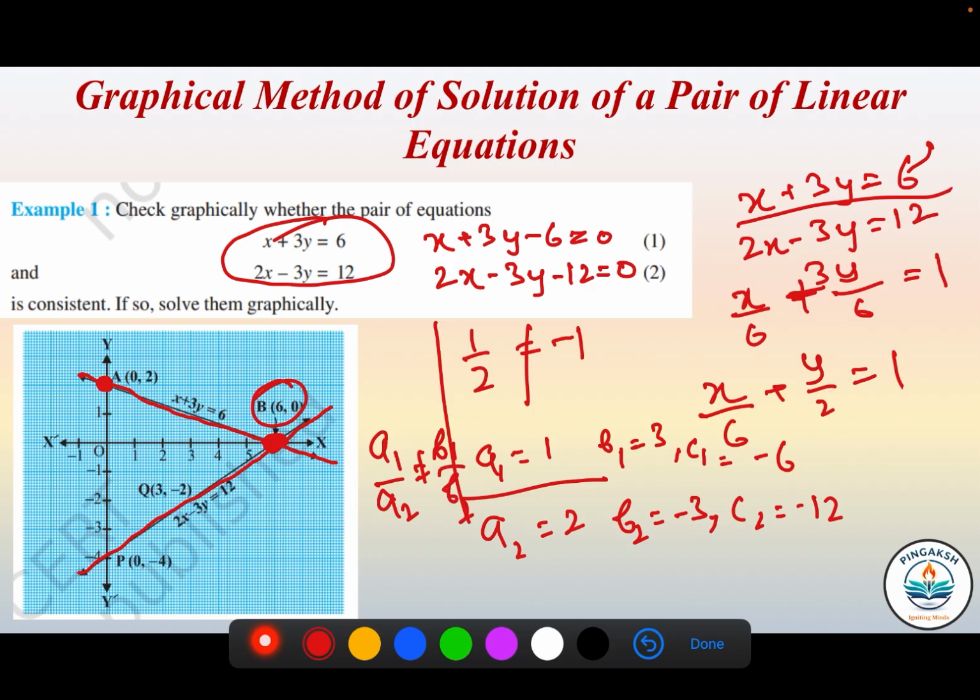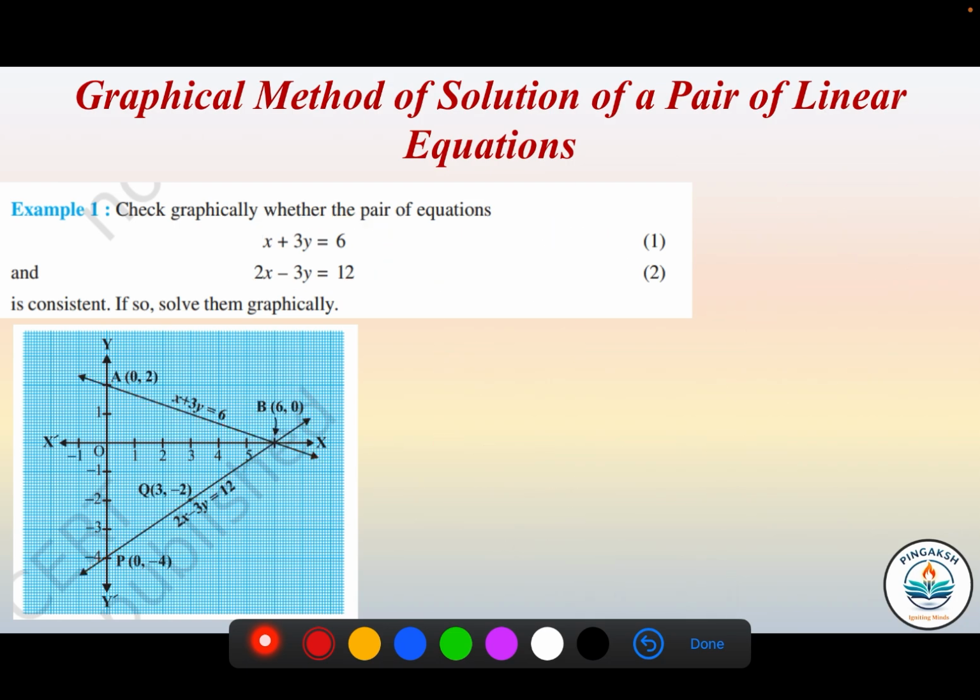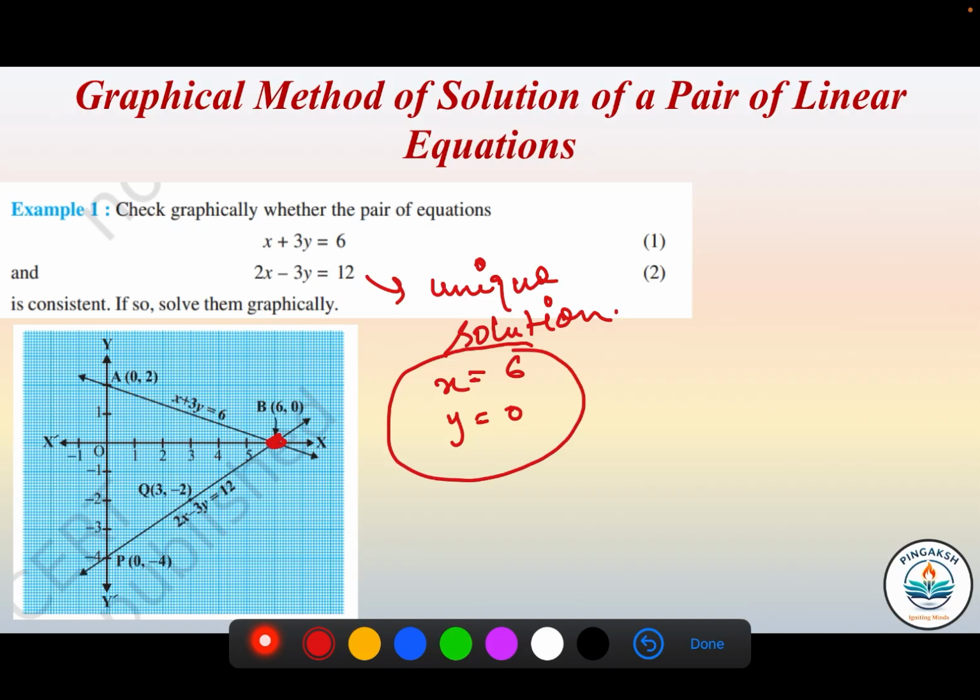So here we find that these lines are intersecting at a point and have a unique solution, and that solution is the point where they intersect, that is x is equal to 6 and y is equal to 0. This is the solution of this equation.